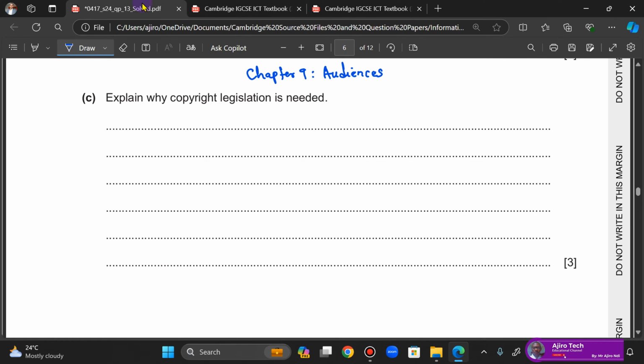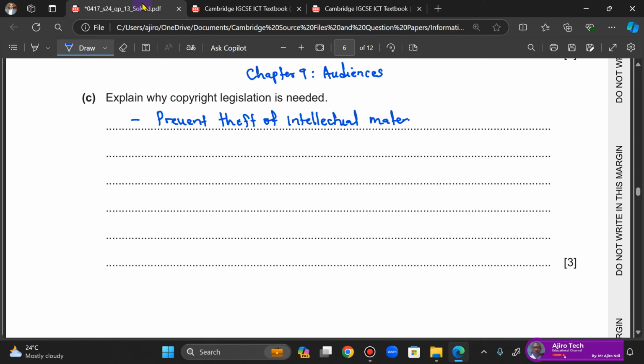Okay, so why is it needed? Like I said, number one, prevents theft of intellectual materials.